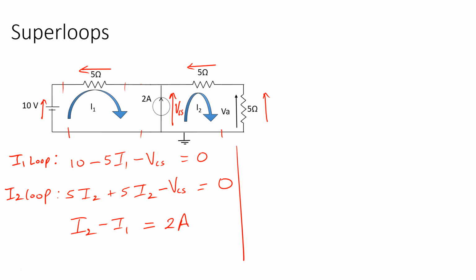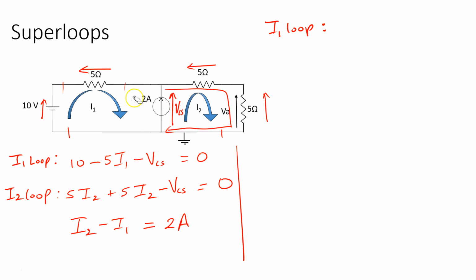Now why do we call it a super loop? If we look at this VCS, I'm solving for loop currents, but this is a voltage. So if I wanted to write it only in terms of the loop currents, I didn't have to use this VCS. Because to go from this point to this point, I could go through here or I could go through here. So let's do it again.